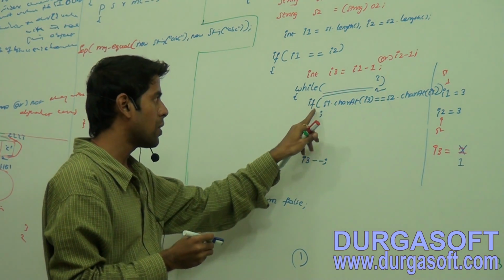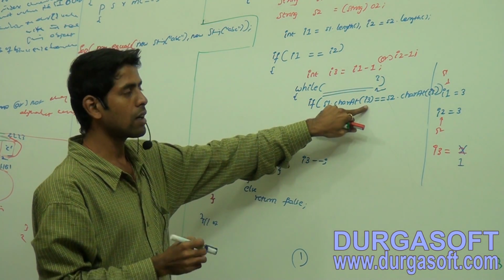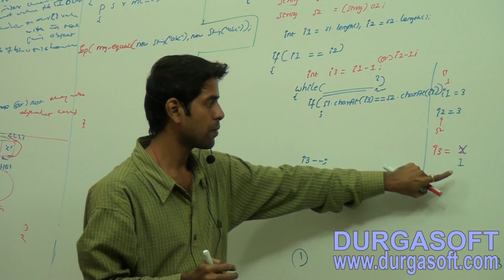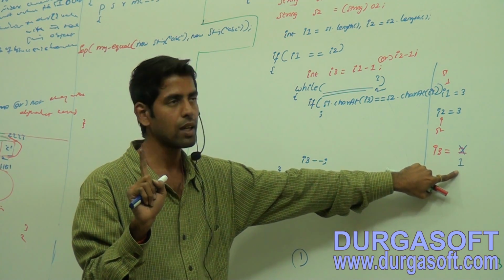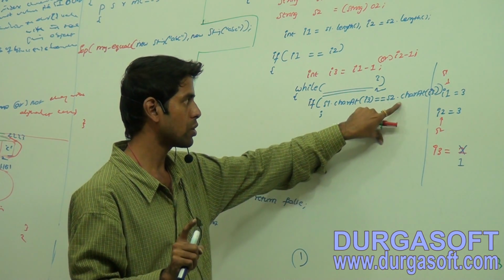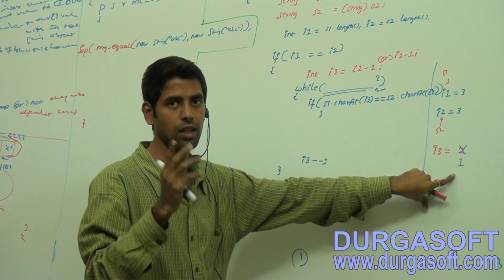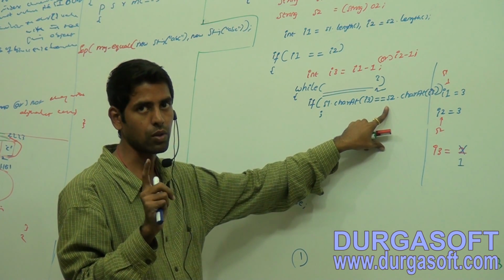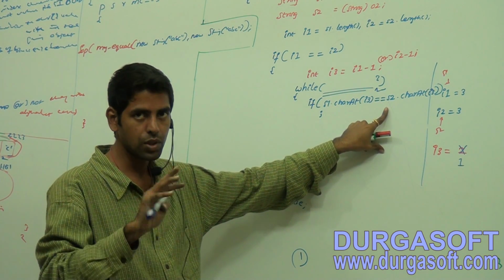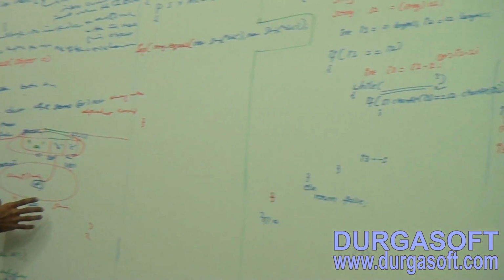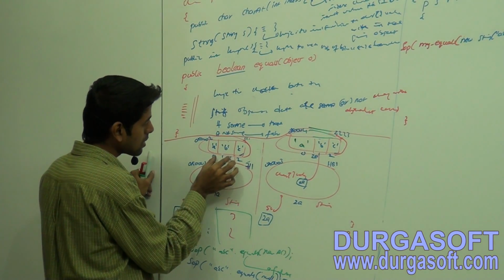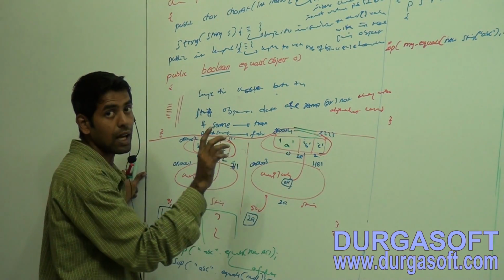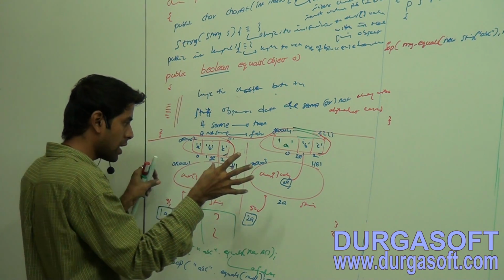Now it will come once again. s1.charAt(i3) with i3 as 1, now double equals s2.charAt(i3). Observe, s1 and s2 are different string objects.